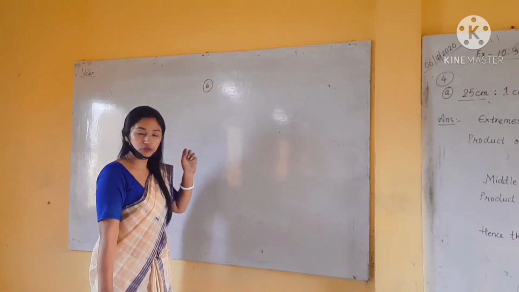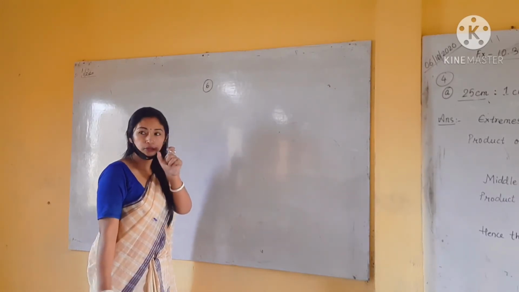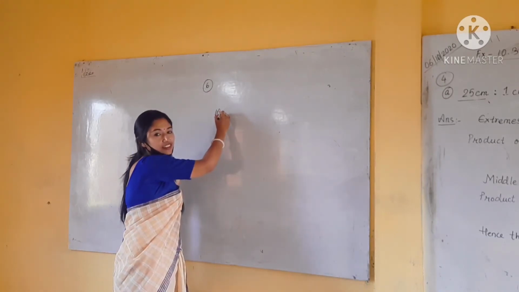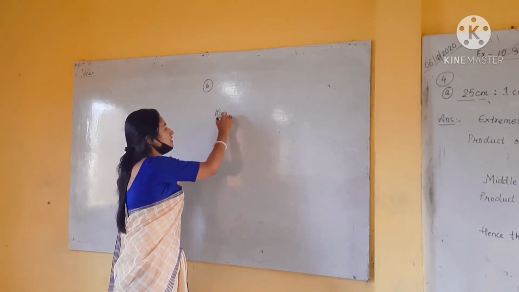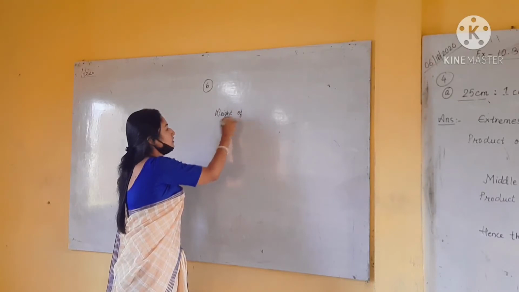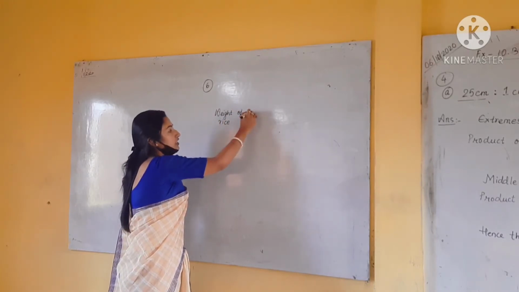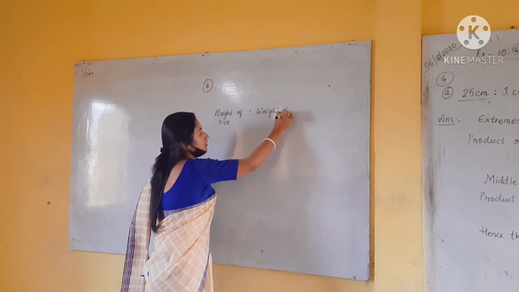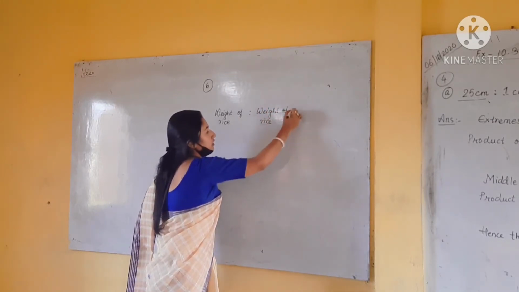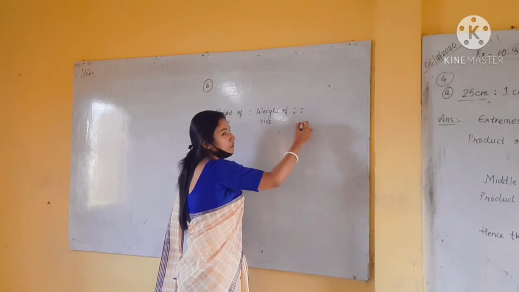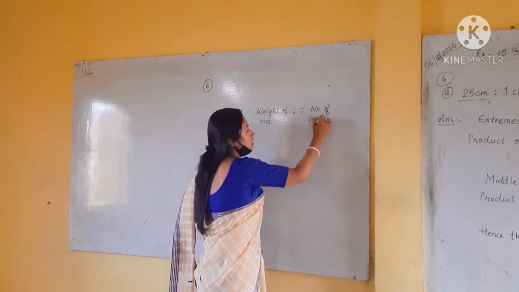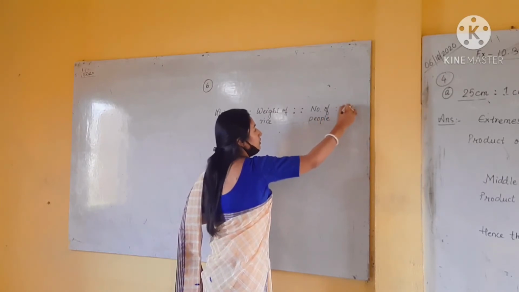We will write in short terms. In short terms we can write weight because it is in kg. So weight of rice is to weight of rice, equal to number of people is to number of people. Very good.